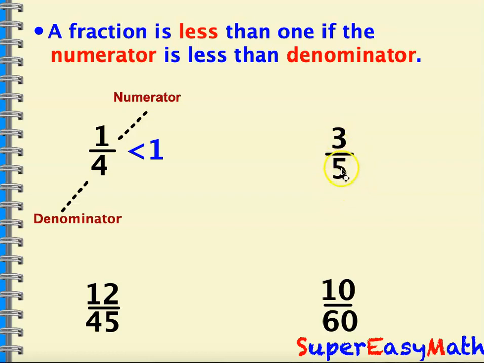So 3 is less than 5, then this fraction is smaller than 1. The same for 12 over 45 and 10 over 60. So numerator 12 is smaller than denominator 45, so this fraction is smaller than 1. The same for 10 over 60.